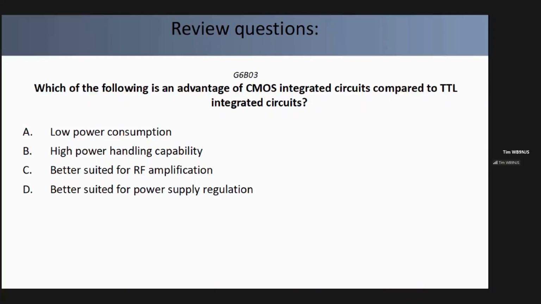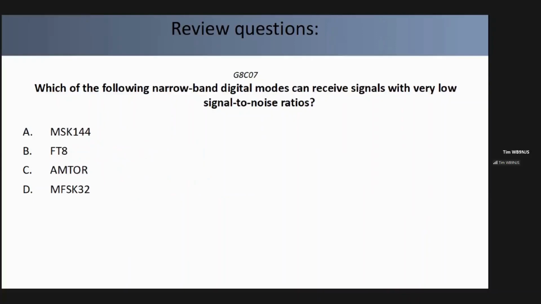These are logic circuits. They're not amplifiers. Power handling capability doesn't make any sense. The switch from TTL to CMOS was driven because of the lower power consumption. CMOS devices, although a little bit more sensitive to static, consume very little power in their logic functions.